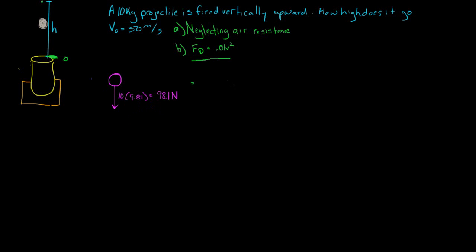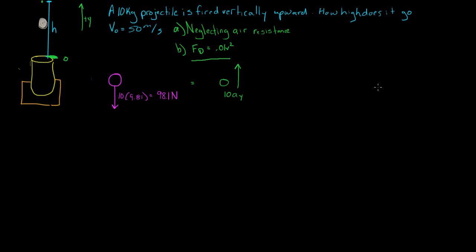So this is going to equal our kinetic diagram. With our kinetic diagram, we have to account for its mass, which is 10 kilograms, and an acceleration, and we're going to say it accelerates in the positive direction. Here, we're going to define up as our positive direction.